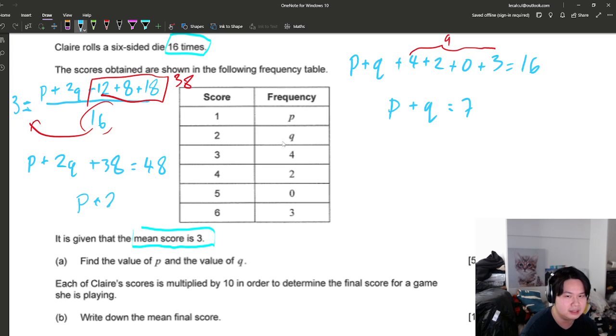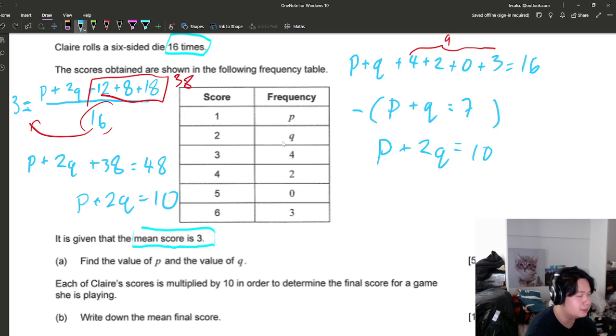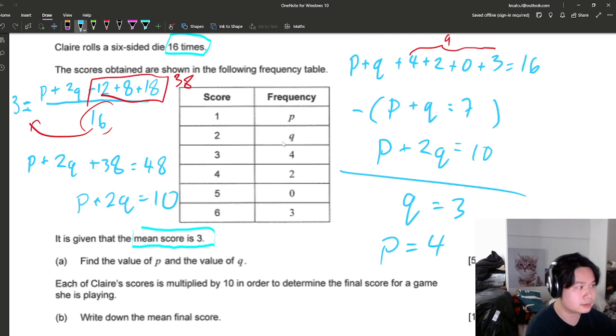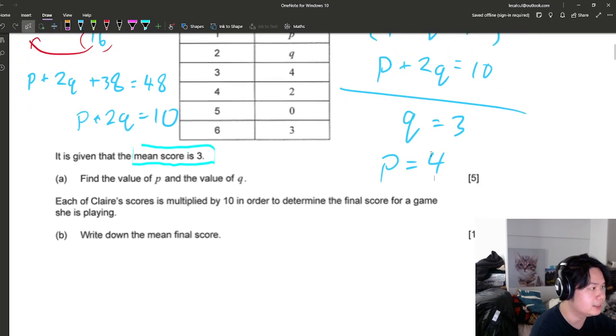So P plus 2Q is 10, right? Okay, so now we have a system. And then I'm going to subtract the first equation from the second one so that I'll get Q equals 3, which means that P needs to equal 4. Because I know from this equation that P and Q need to add to 7.